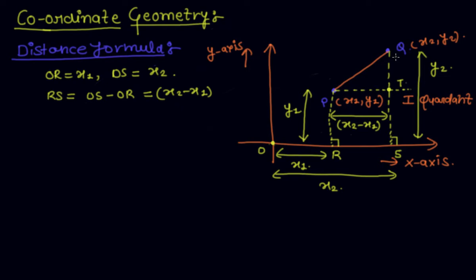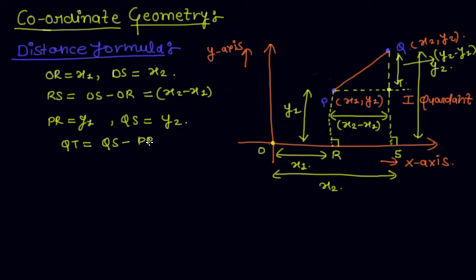So again I find QT. This QT is equal to y2 minus y1. So again, PR equal to y1, QS equal to y2. So QT equal to QS minus PR, which is equal to y2 minus y1.